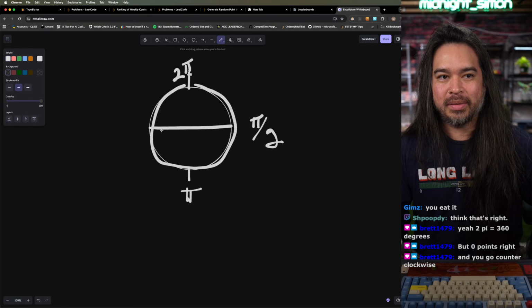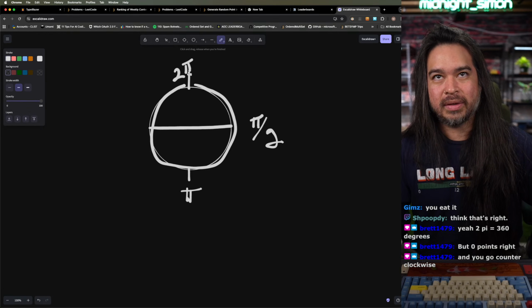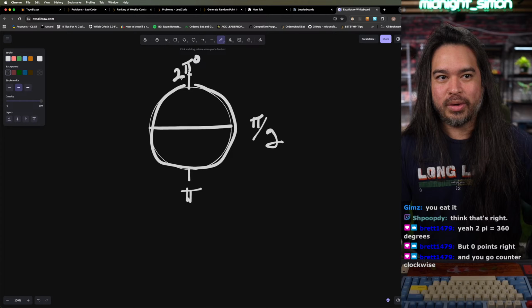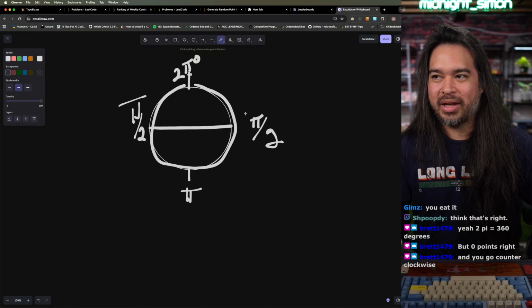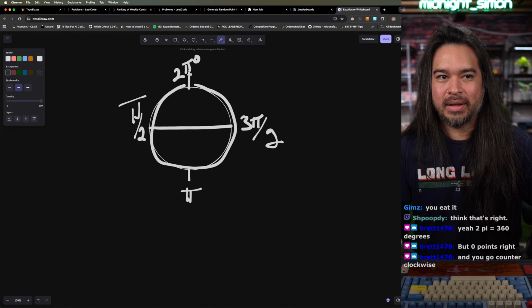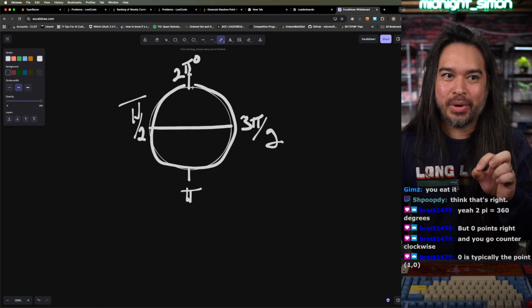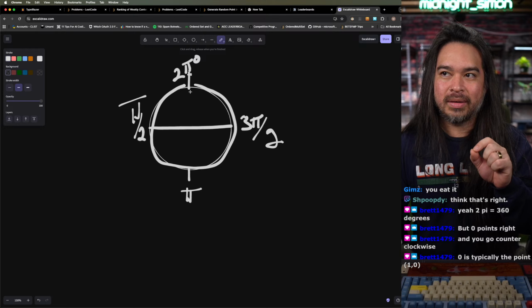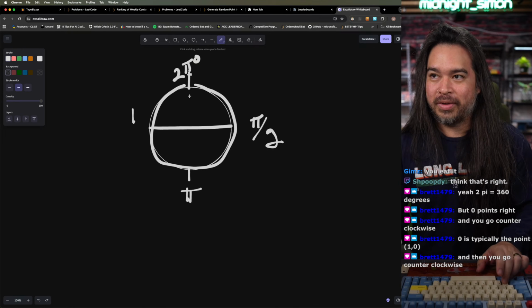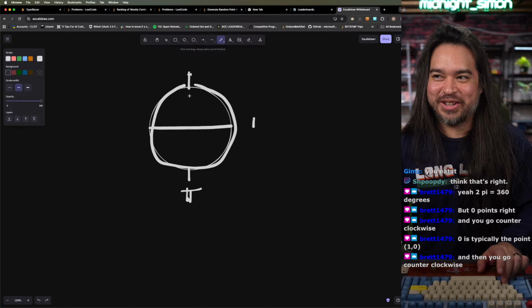And 0 points right, and you go counterclockwise. Did I go the wrong way? Like this would be pi over 2, and this would be pi, and this would be like 3 pi over 2, is what you're saying? Either way. All right, so you're saying we pick a random point. Oh, I think I see what you're saying now.